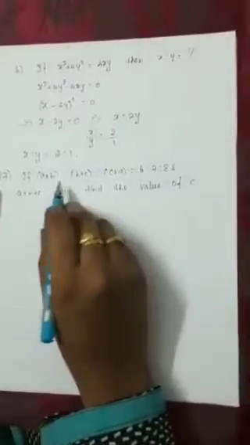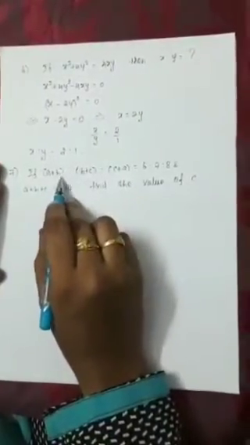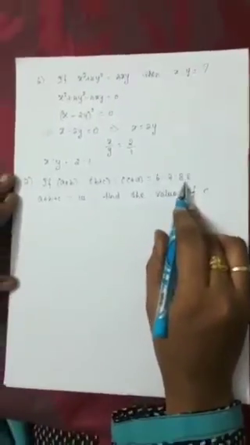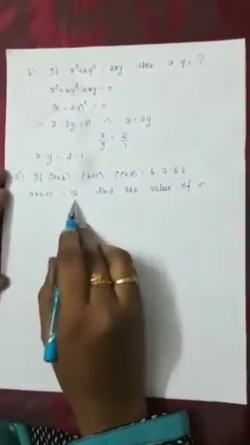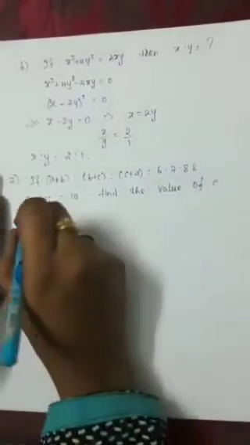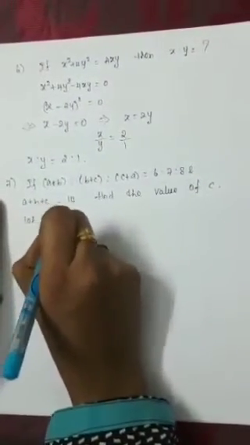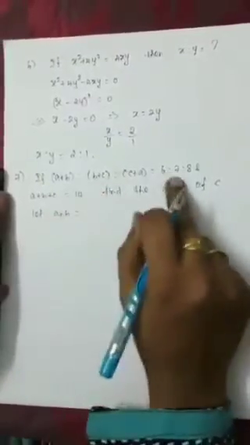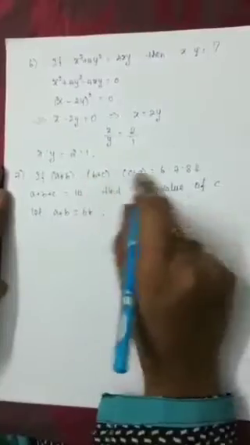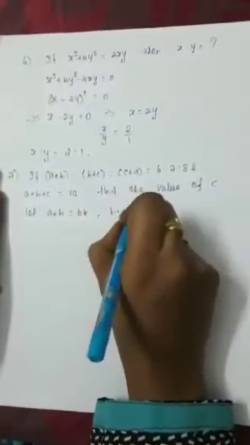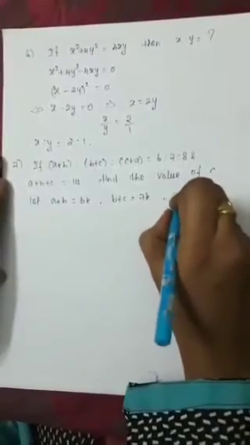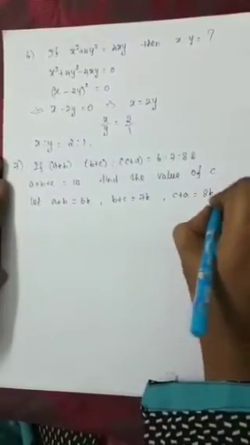Let's see the next problem. Given a plus b is to b plus c is to c plus a is equal to 6 is to 7 is to 8 and a plus b plus c is equal to 14, find the value of c. So let a plus b is equal to 6k, b plus c is equal to 7k, c plus a is equal to 8k.